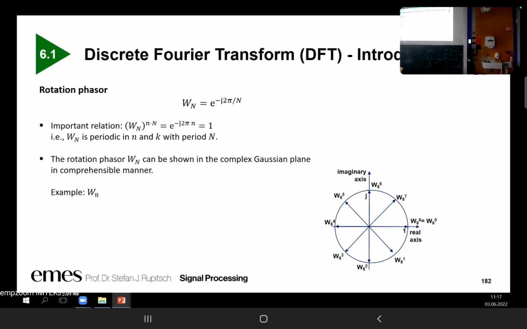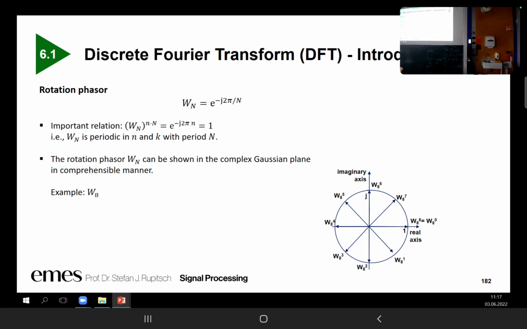Discrete Fourier transform means we have a discretized version of the time axis and the frequency axis. The discretization of both is uppercase N. And therefore, this refers to the frequency domain, but also to the time domain. The length is always 1.